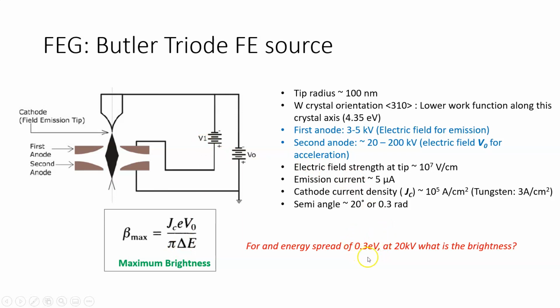And just for perspective, in the thermionic emission guns, we saw this number to be about 2.5 electron volts, right? So this is about 10 times less in terms of the energy spread. Immediately tells you that the quality of the emitted electrons or the electron beam is really good. So just plug in those numbers and find out what is the brightness at an acceleration of about 20 kilovolts. Okay, so that's the end of this lecture.